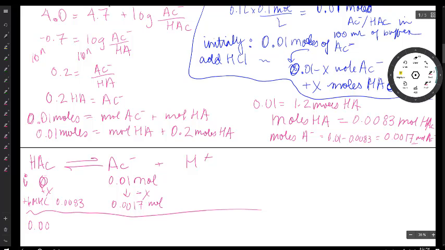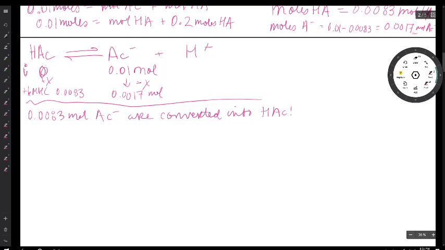Therefore, 0.0083 moles of HCl is what we need to convert the acetate into the acetic acid.